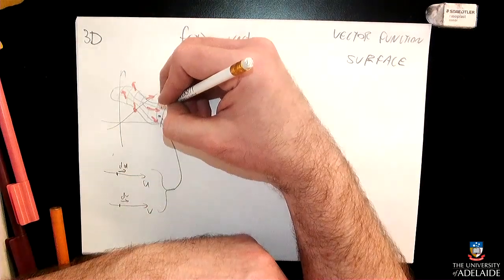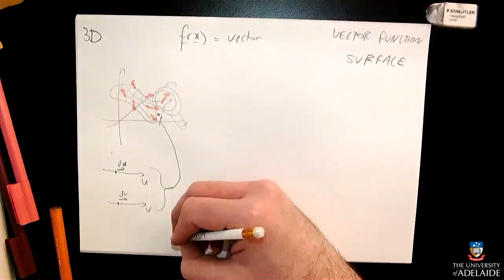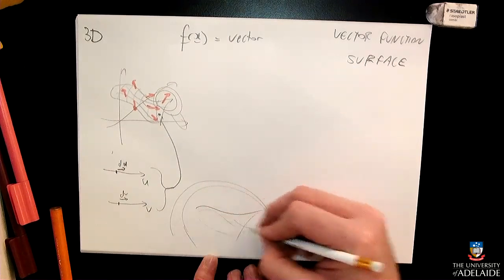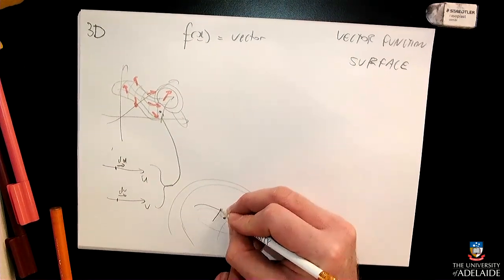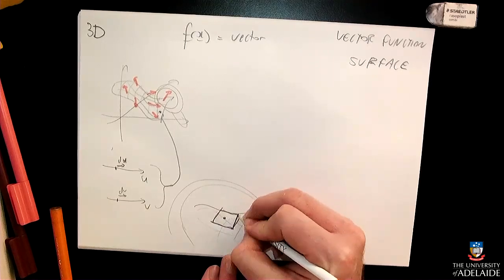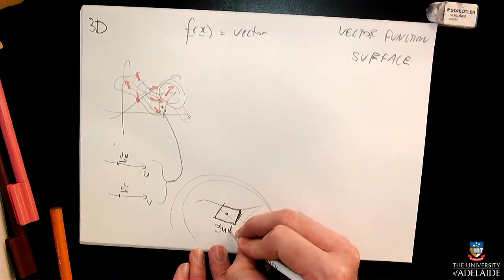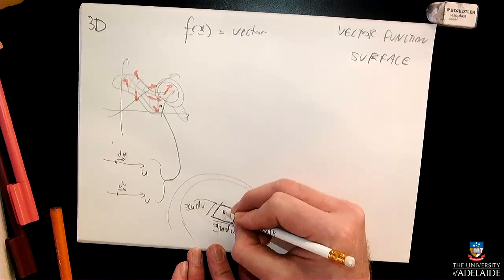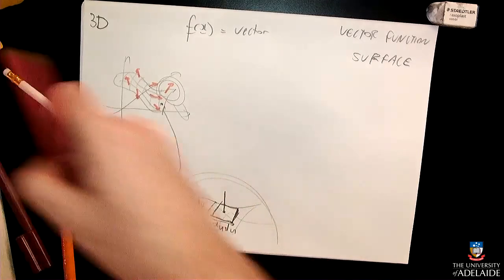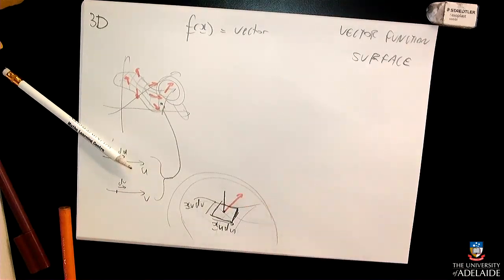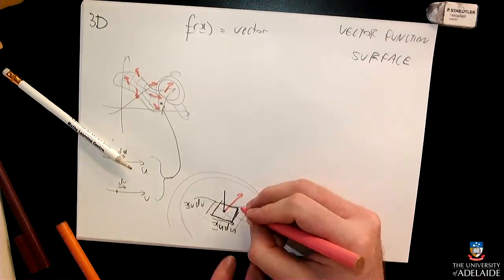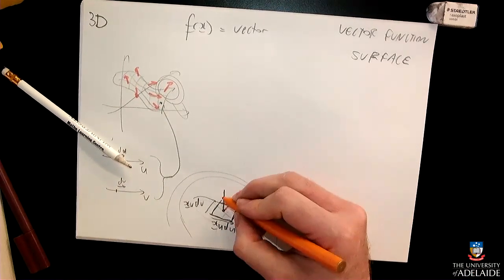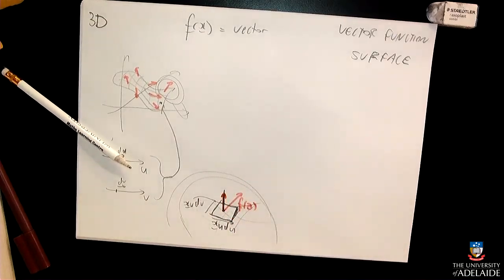So when I zoom in onto here, and my surface is coming past here, and my xu du is this vector, and my xv dv is this vector, I would like to know what proportion of my field, of my function output vector is perpendicular to this surface.